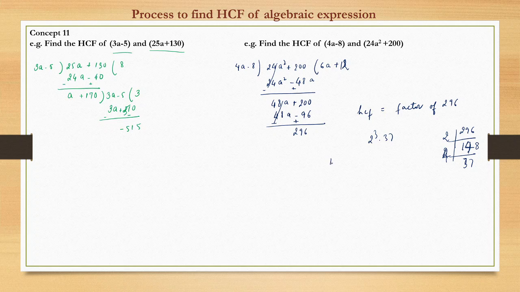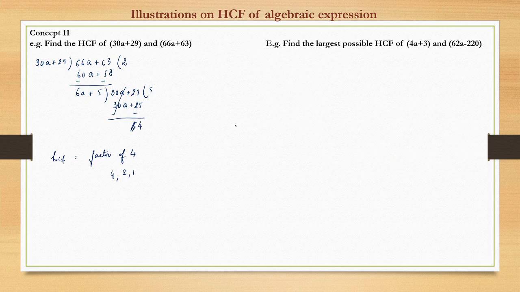So the factor would be either 1 or 2 or 4 or 8 or 37, 74, 148 or 296. So out of these numbers only can be the factor of the questions. So same way we approach the questions of this nature.